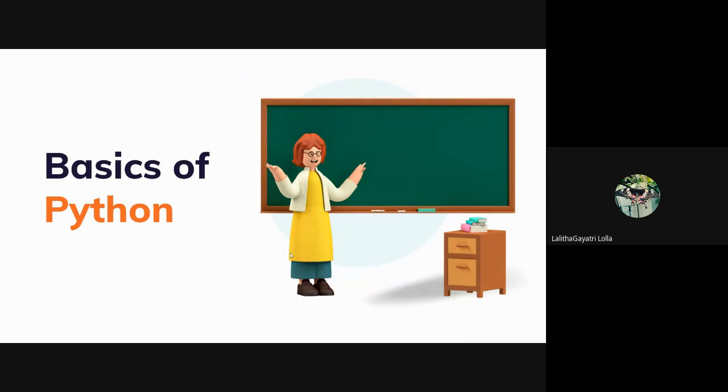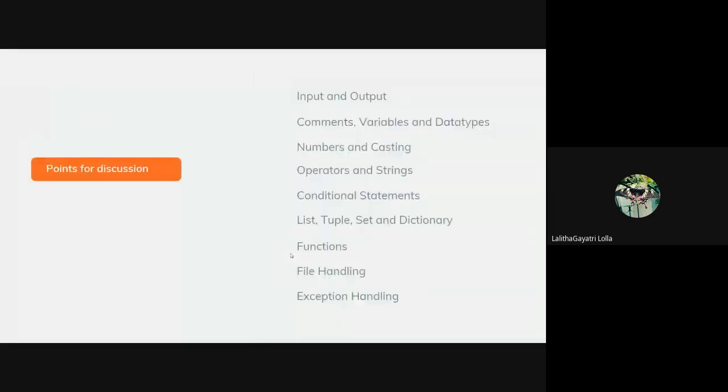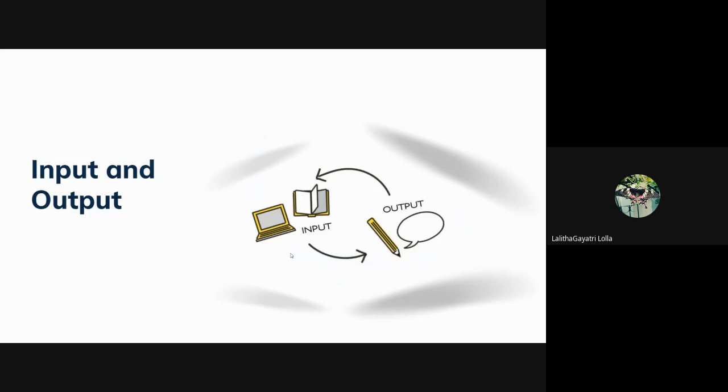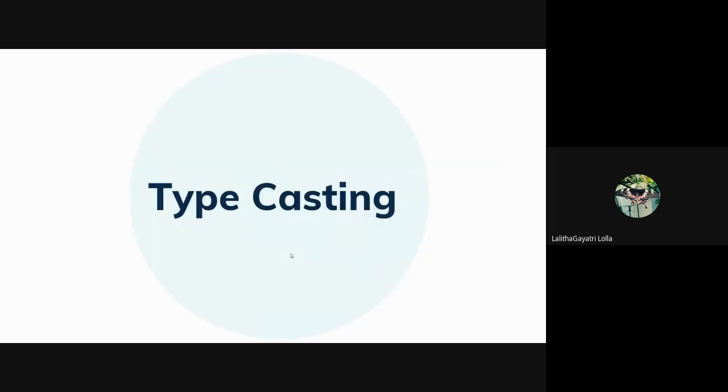Cool. So, as part of the basics of Python, what we went through already is how we can take inputs. We understood variables and data types. Then we understood how to take input and print output on the screen. Then we learned how to change the type of a variable, typecasting from one data type to another.